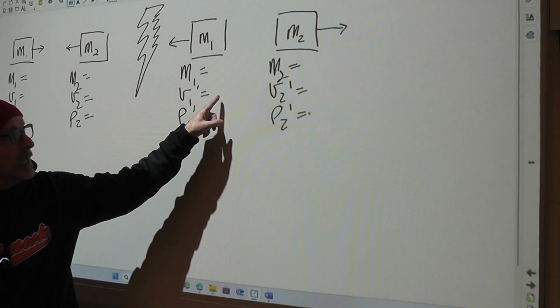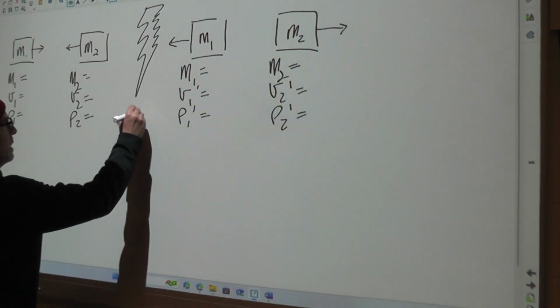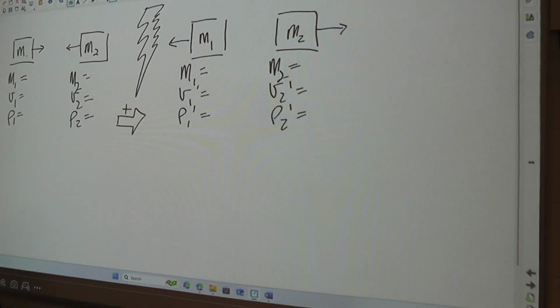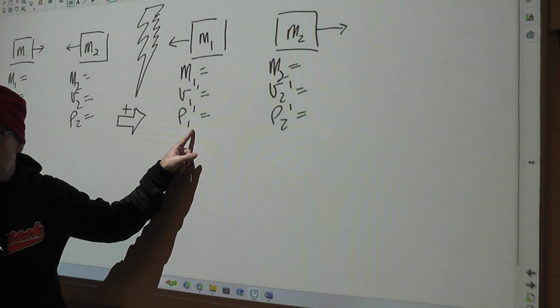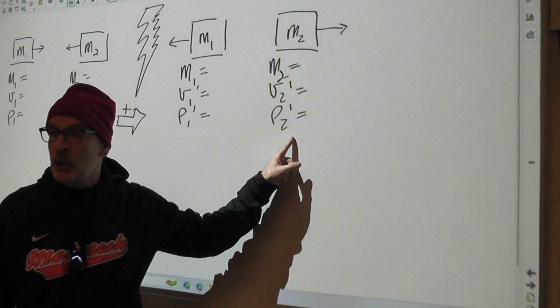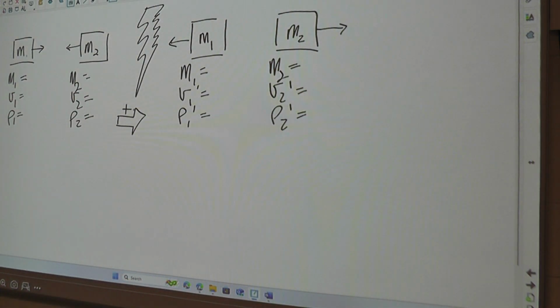Mass 1 should have a negative and mass 2 should have a positive velocity. This is all assuming that our positive direction is to the right. That means P1 should be positive, P2 should be negative, P1 prime should be negative, and P2 prime should be positive.